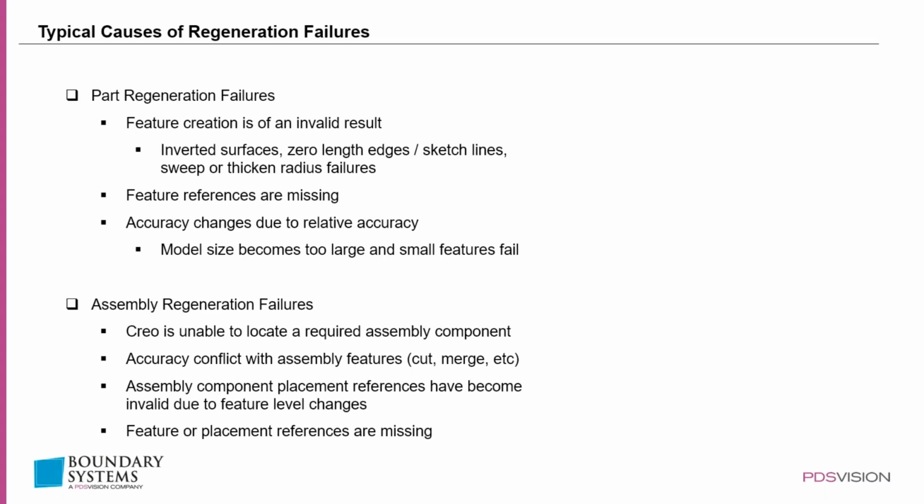So again, I want to say Creo 7 or 8, but in the newer versions, you'll now be given absolute accuracy by default. But the reason I bring this up is relative accuracy, which again was the default previously, not anymore, can cause failures, especially if you are working with very small features in a relatively large part.